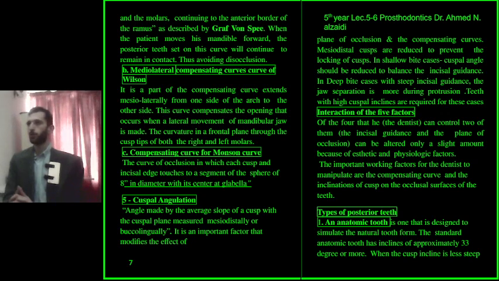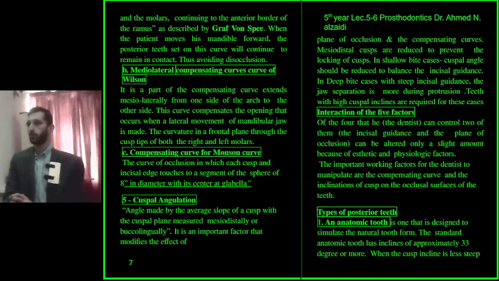This curve compensates the opening that occurs when lateral movement of the mandibular jaw is made. The curvature in a frontal plane through the cusp tips of both the right and left molars.